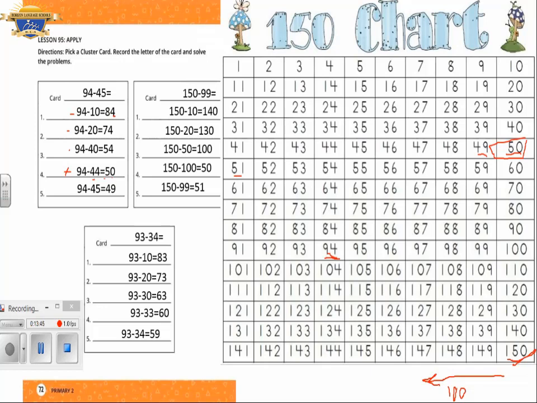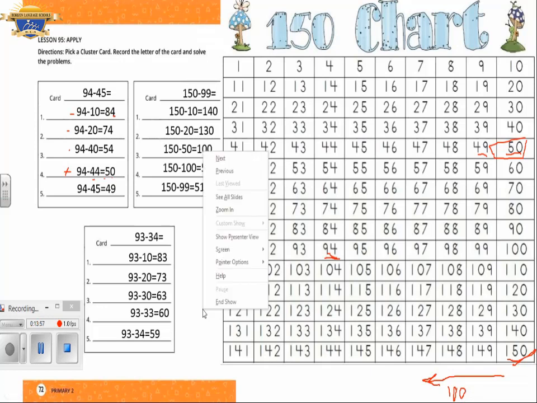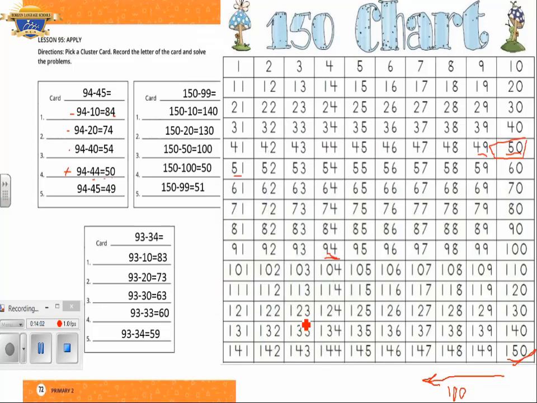So what is the number just before 60? Excellent, 59. So my answer will be 59. If we here stand on number 93 and count back 33 steps, I will land on number 60. So there are 33 steps between 93 and 60.